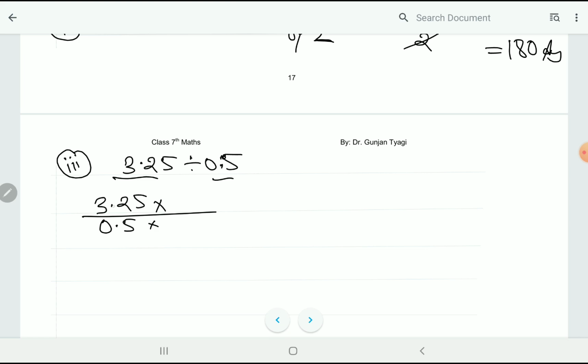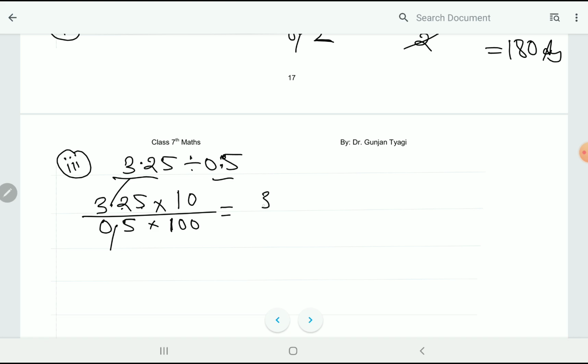When you remove the decimal from the numerator, 1 will come here, and there are 2 digits after the decimal, so 100 will come there. And when you remove the decimal from the denominator, you will write 1, and there is only 1 digit after the decimal, so you will multiply by 10.